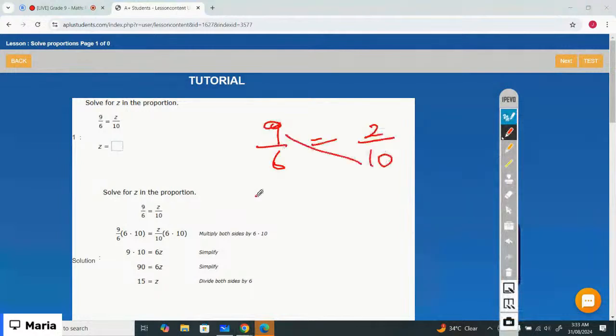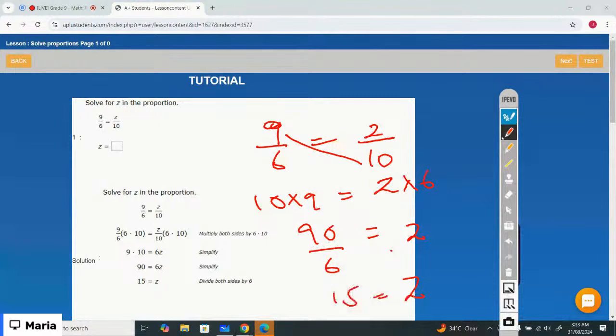You need to do 10 times 9, then z times 6, right? 90 equals 6z, divide by 6 on both sides. That is 90 over 6, so z equals 15. 15 times 6 is 90. Got it?